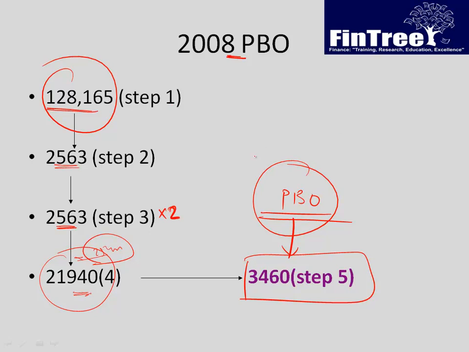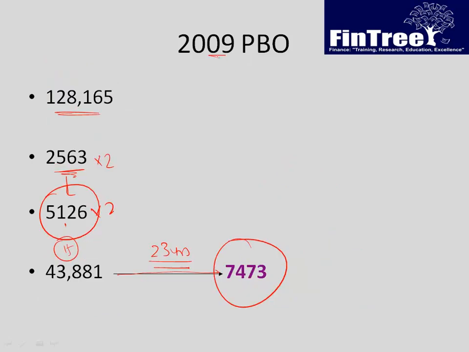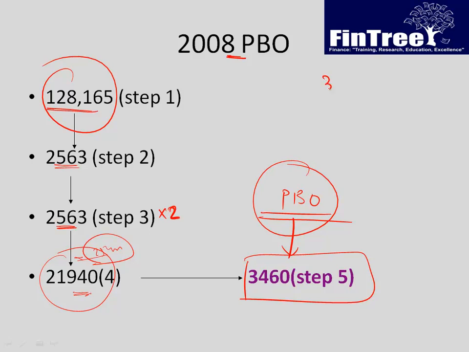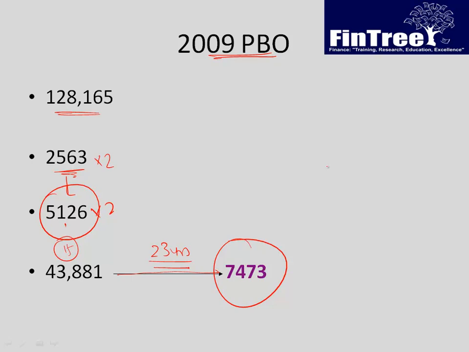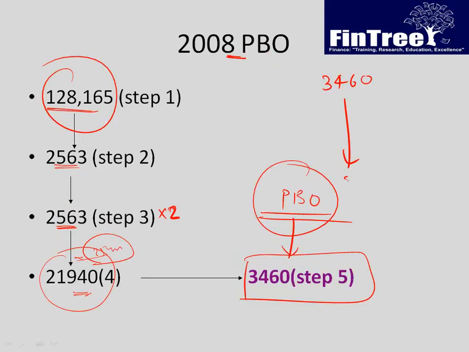Now see, once you have the liability for 2008 and you have the liability for 2009. Okay, so it was 3460, and from 3460 it has become 7473.